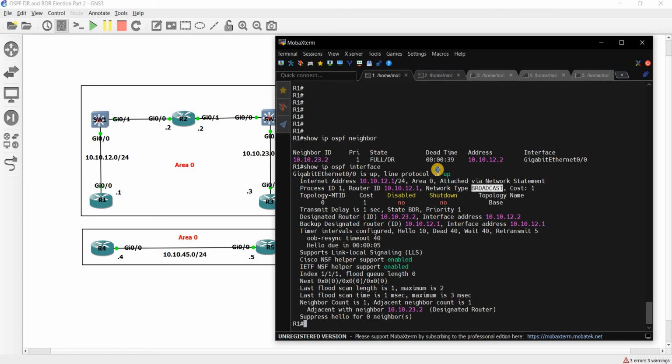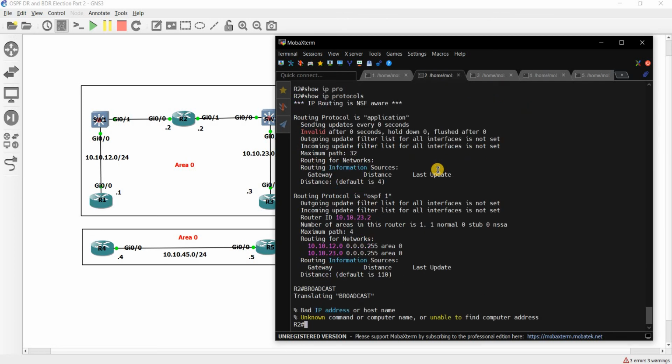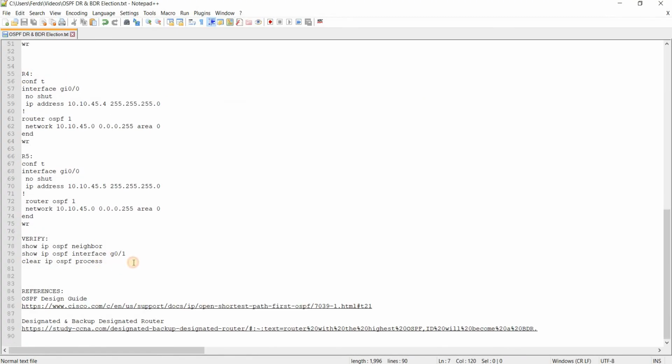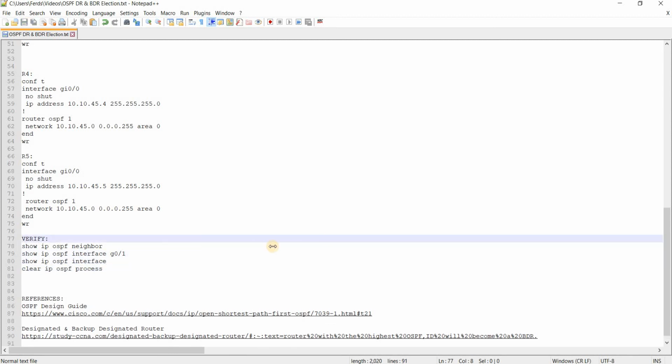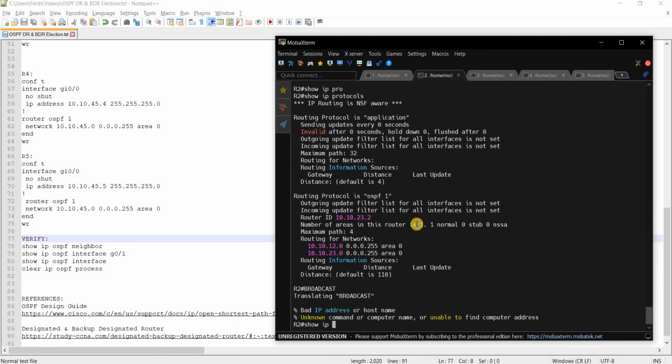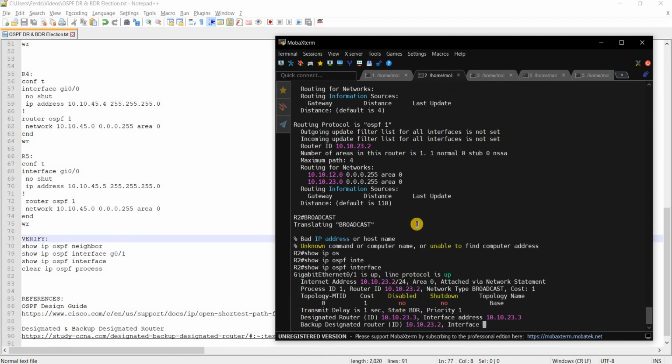Broadcast, yeah, same. How about R2? Let me add this as well to our verification commands. OSPF interface.